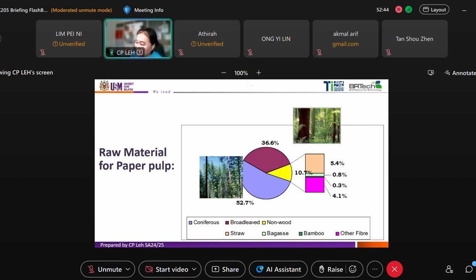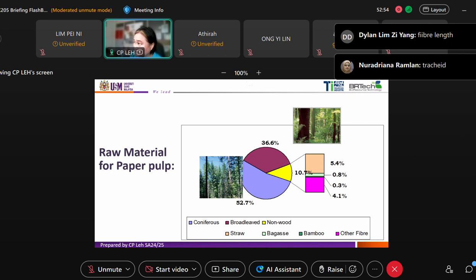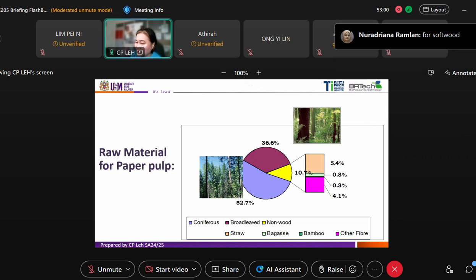Can anyone give me an answer? Last year I asked before, I think. Now this year, give me again. Trachea. Trachea is a cell for what? Fiber length, for softwood, yes.